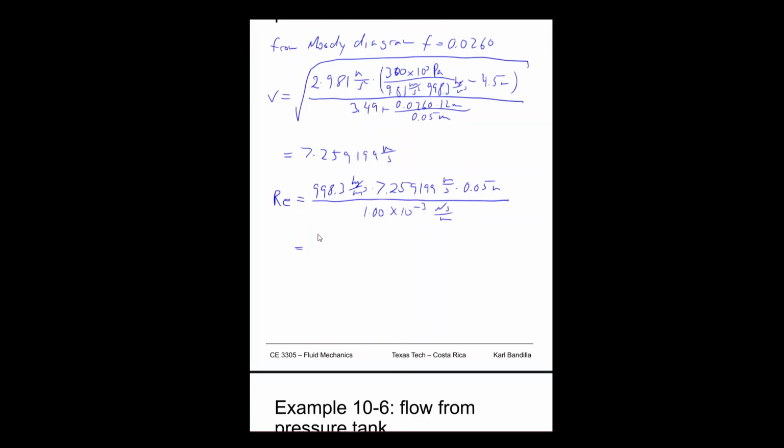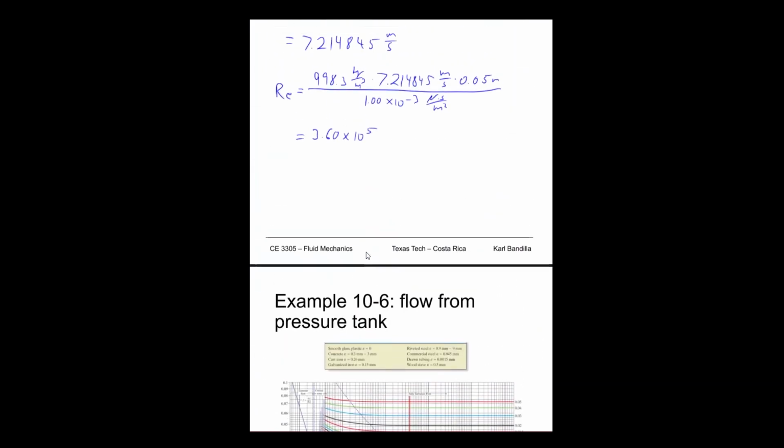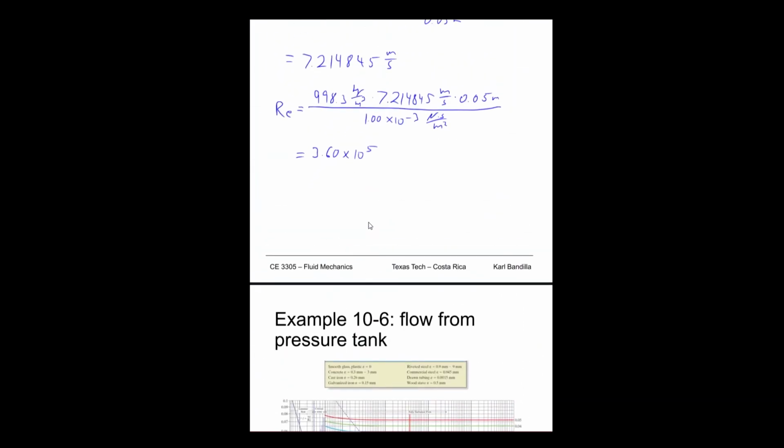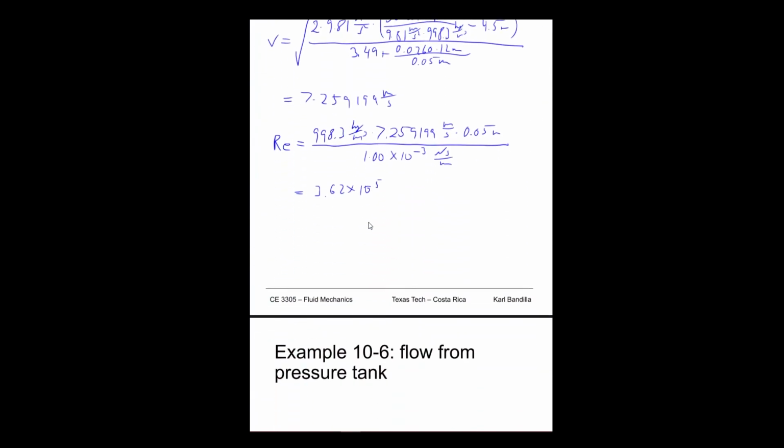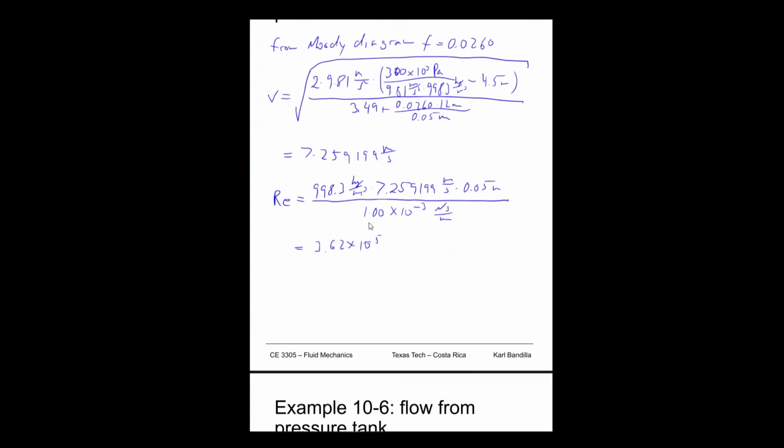And with that, we get 3.62 times 10 to the 5. Now that is close to 3.60, so there's not much sense in redoing this again. All right, so we found our value. Let's say close enough.